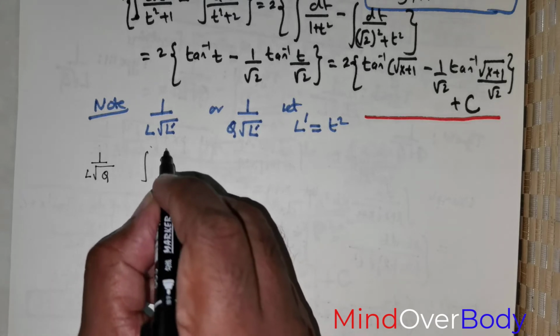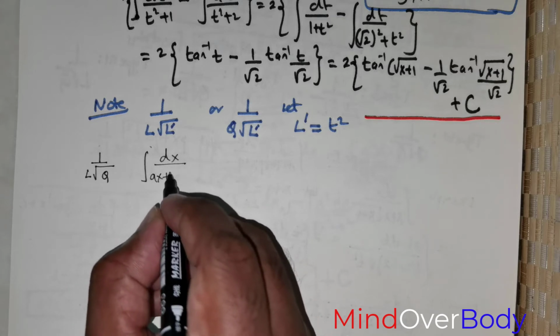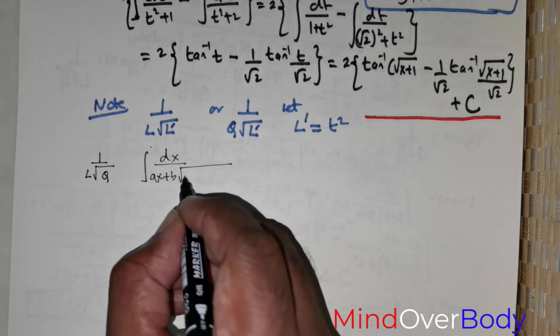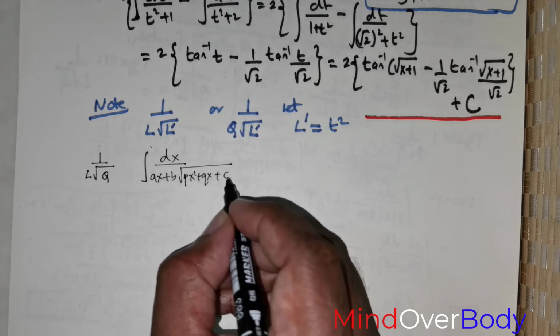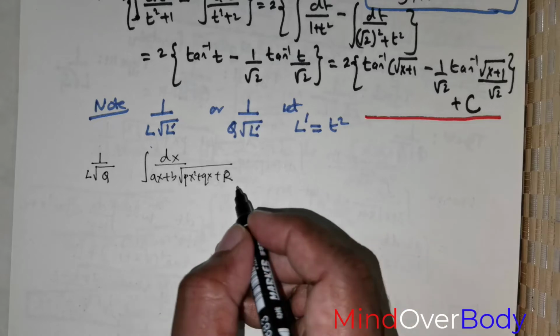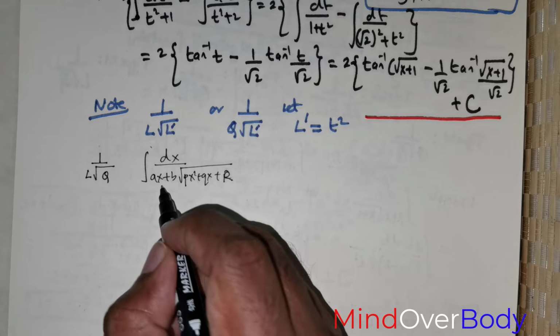If you are given an integral of this fashion, integral dx over (ax + b) times the root of, say, px² + qx + some r, something of this fashion. Now this is a quadratic, this is a linear.